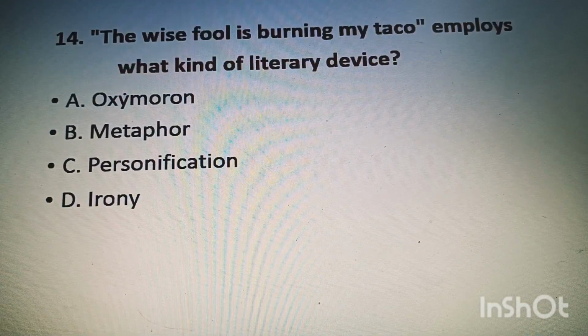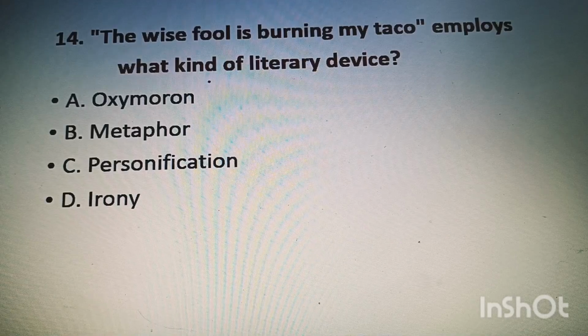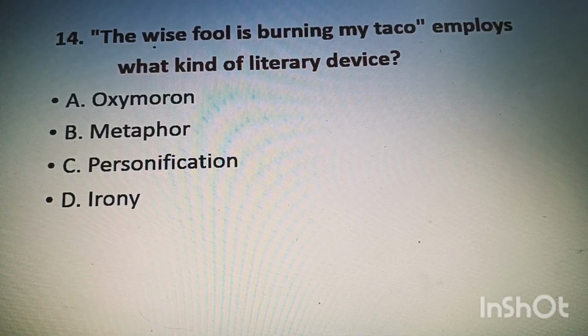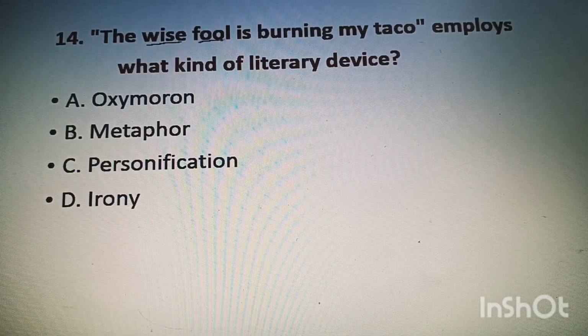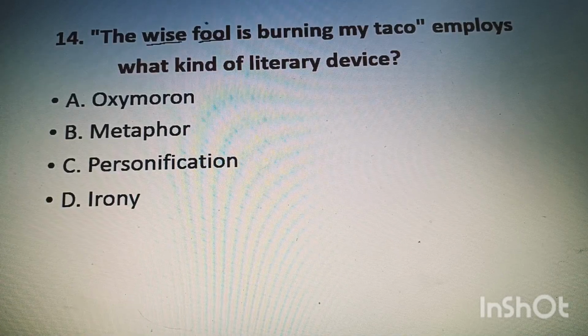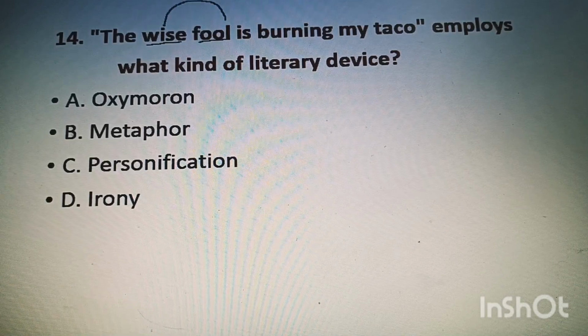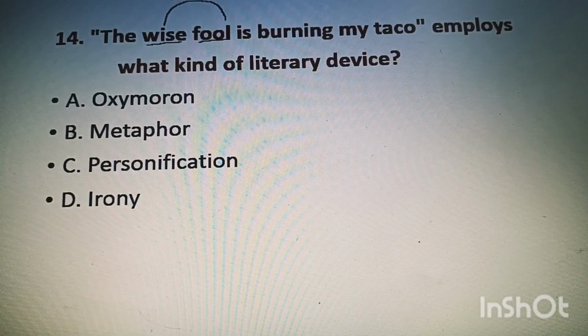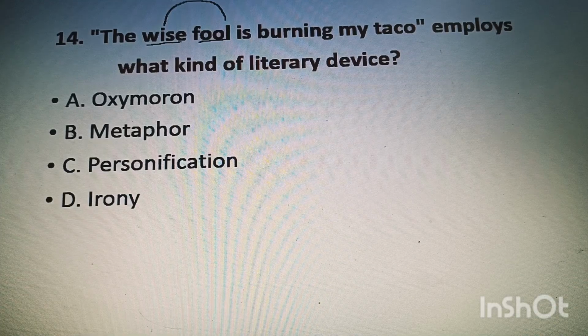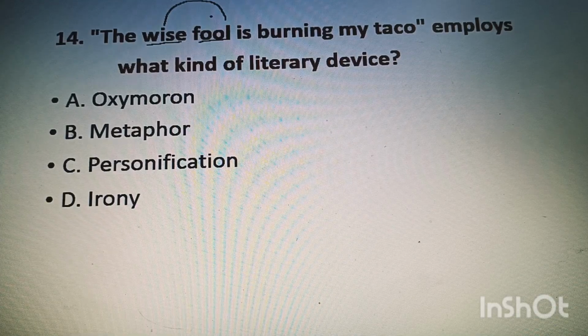Question 14. The wise fool is burning my tea, employs what kind of literary device? See, wise and fool. What do you mean? Means fool cannot be wise. Opposite ideas. Is it clear? Opposite ideas. So it cannot be personification, it cannot be metaphor, it cannot be irony.